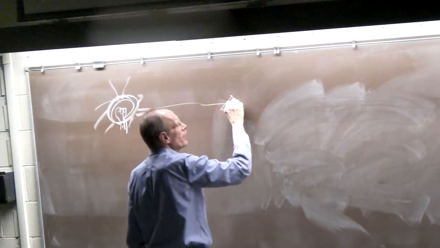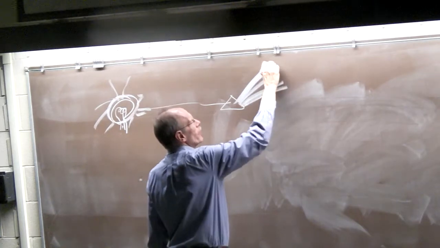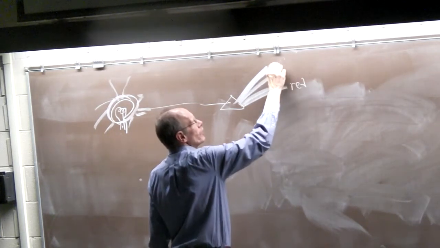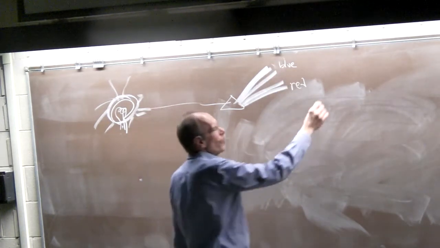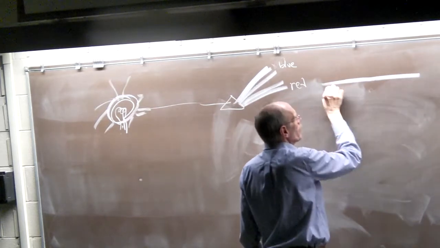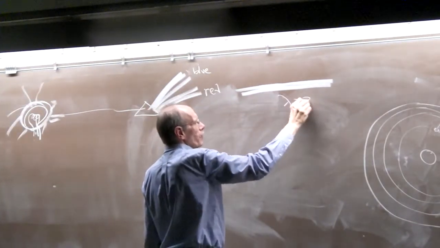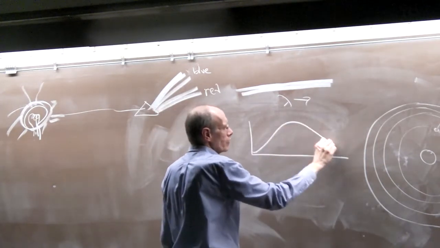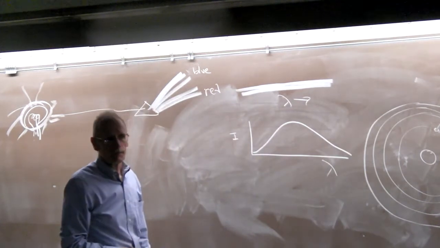And so the light then is spread out into the different colors, from red to blue. So we would get this spectrum of all the colors. And this is increasing wavelength, and if we plotted it in intensity, it would look like this. This is wavelength. This is intensity.